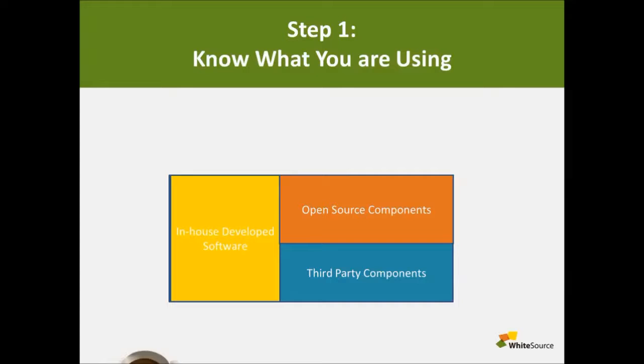It's comprised of 3 types of software parts, let's call them. 1 is the software being developed by your own developers. This is original proprietary software that is normally very well managed and scrutinized for bugs and security issues. 2 is the third-party components, commercial third-party components that have a mother and father, and someone that takes care of their bugs and their security vulnerabilities and so on, and tries to keep up with them and alert you when there are severe issues that need to be taken care of.